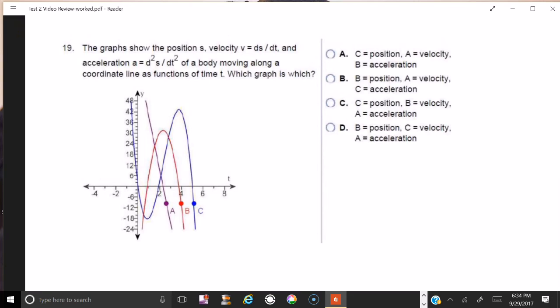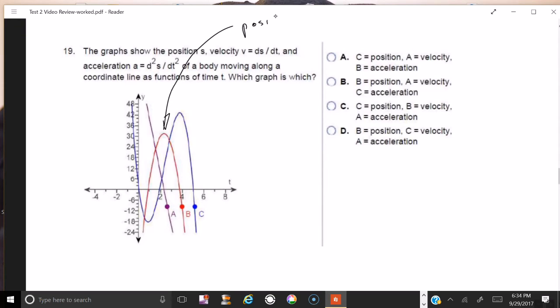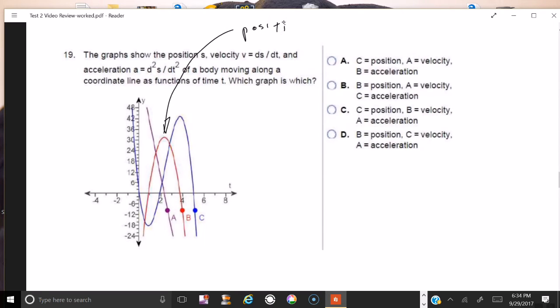Let's just suppose we thought that this was position. If this were the position, its derivative is 0 here, and notice that the straight line goes through 0 at the same value of x. If that was position, then this would be velocity.